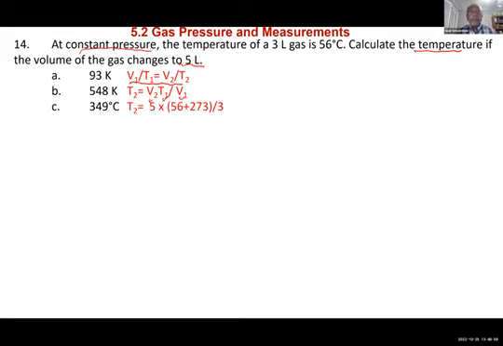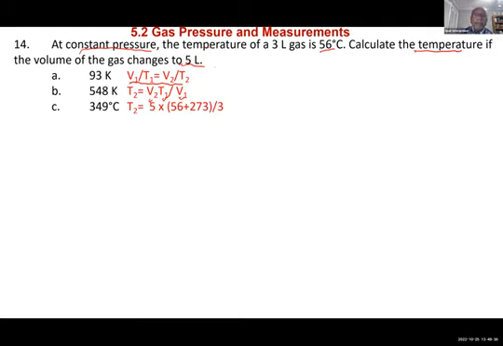So 5 liters. Now the temperature here had to be converted to Kelvin. This is the Kelvin conversion for temperature. This temperature 56 plus 273 Kelvin.